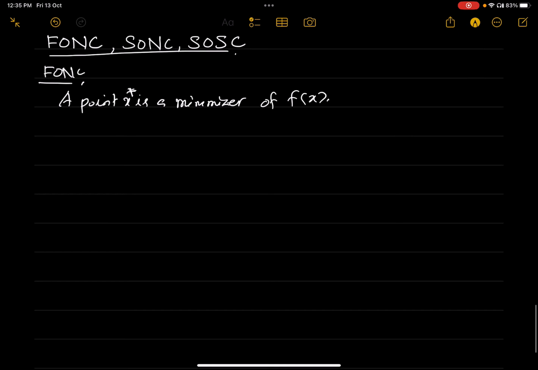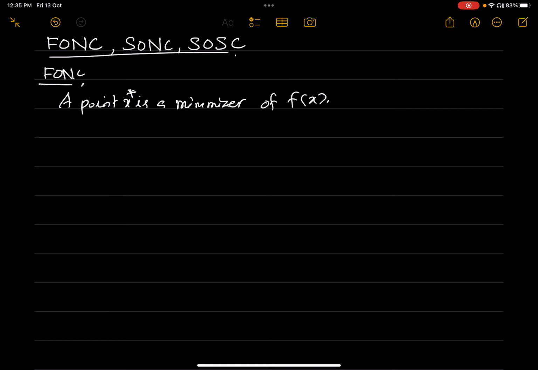When is it a minimizer? We can't say when it is a minimizer, but what is the first order condition which has to be satisfied here? The first order condition f dash of x, or we can write it as d by dx of f of x star, should be equal to 0.